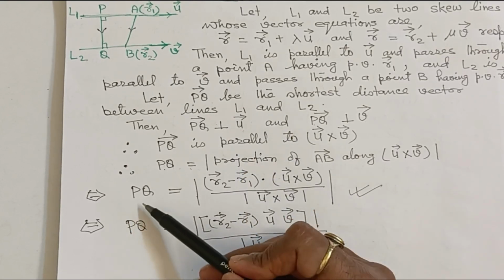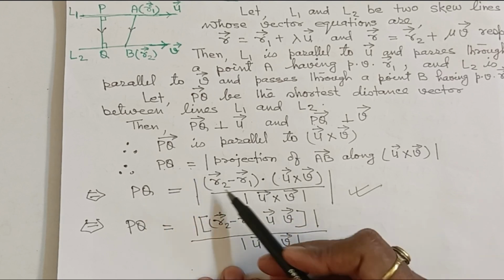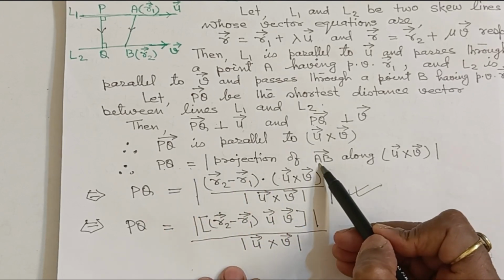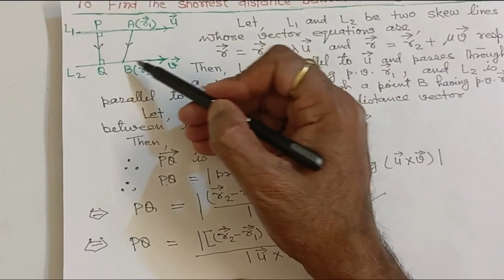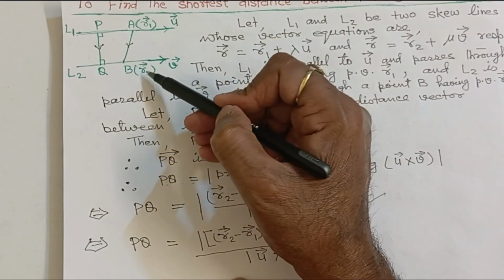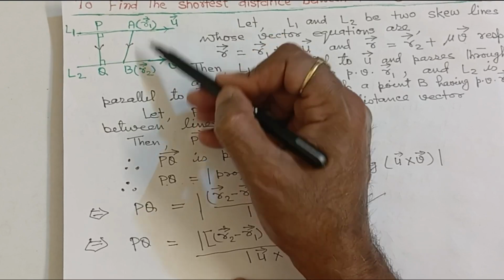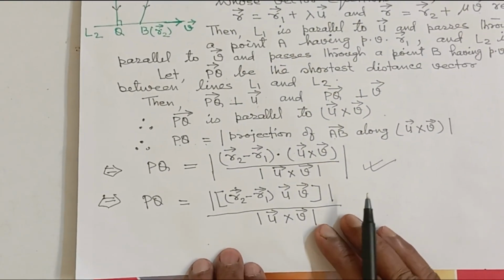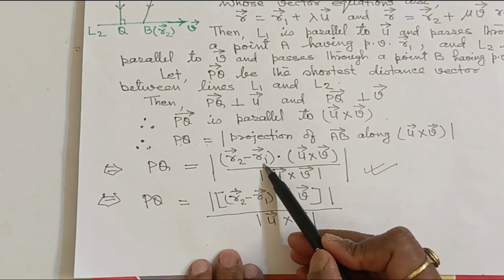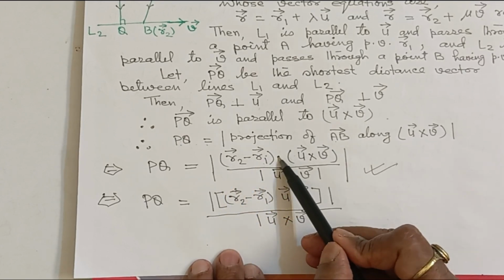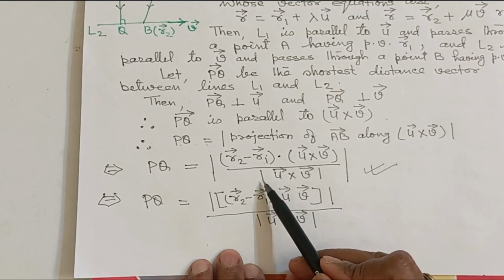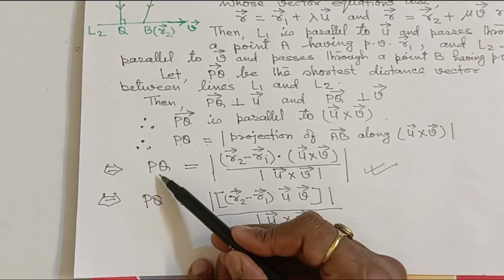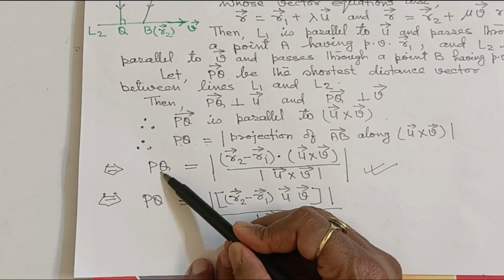Therefore PQ is equal to vector AB, which is vector r2 minus r1, dot vector u cross v upon mod u cross v, that is the scalar PQ.